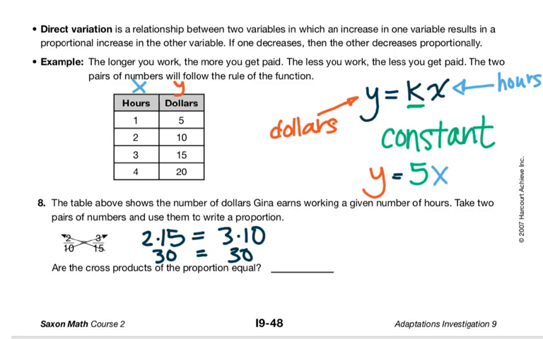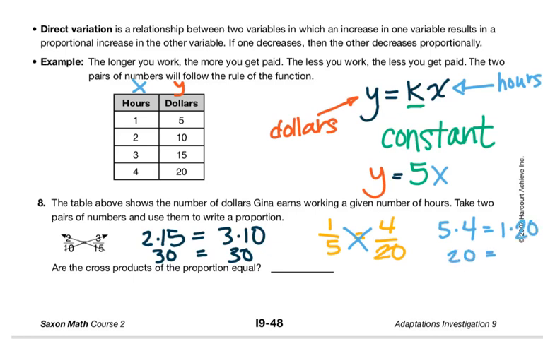Let's try another one. Let's try 1 and 5, 4 and 20. So let's see if 1 over 5 equals 4 over 20. We take the cross product, 5 times 4, and does that equal 1 times 20?